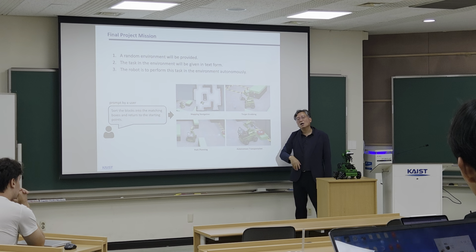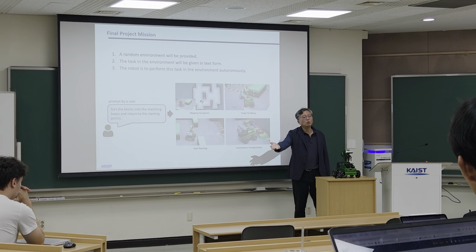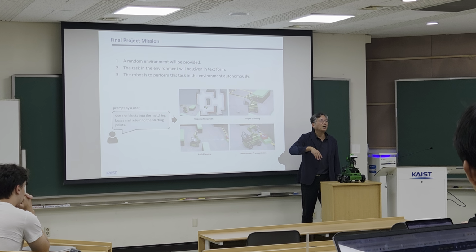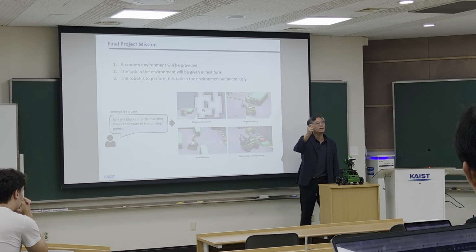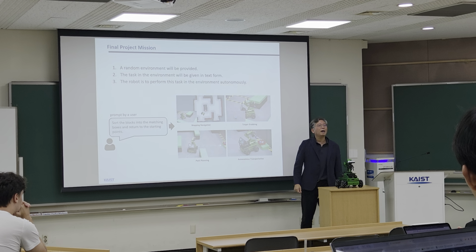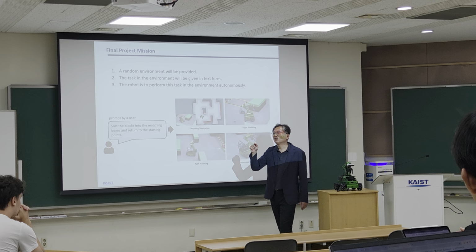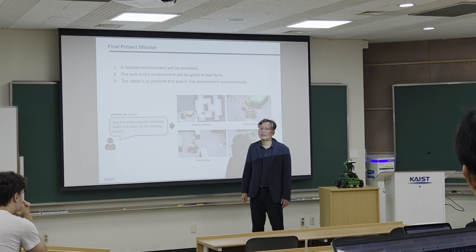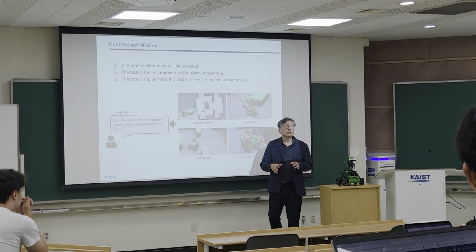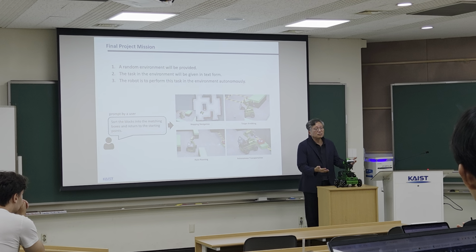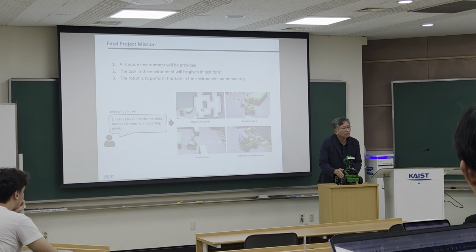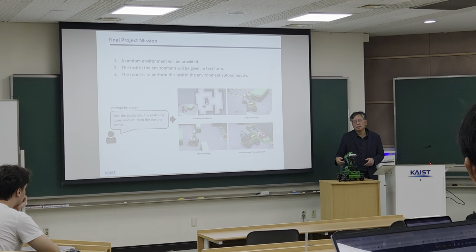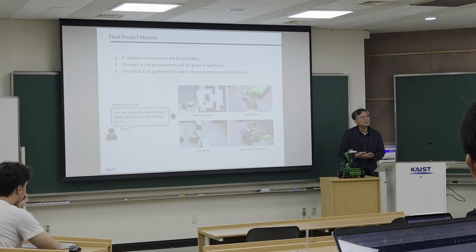So for instance, pick up the blue block, put it in the blue basket, take the red and put it on top of the yellow block, and then finally reach point B. Okay? So you design the intelligence here such that, okay, go map it out, and then we give you this task.